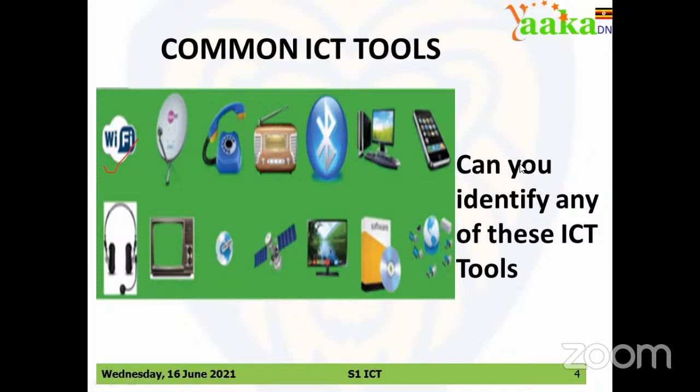Phone, TV, headphones, telephone, CDs. Let Esther also contribute. Esther, what did you see on screen?